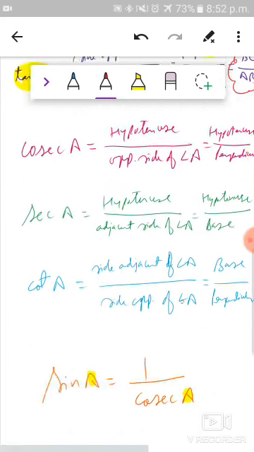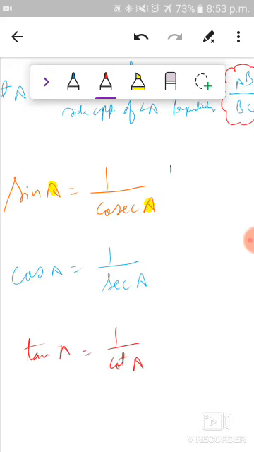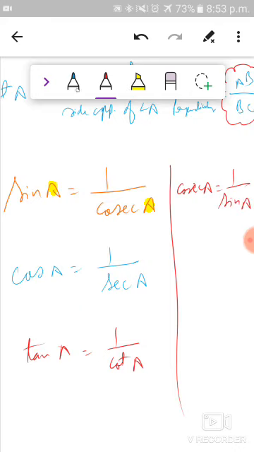So this is tan, this is cot. So we can write tan A is equal to 1 by cot A. So this you can also write like this: cosec A is equal to 1 by sin A, reciprocal of each other, and sec A is equal to 1 by cos A, and cot A is equal to 1 by tan A.